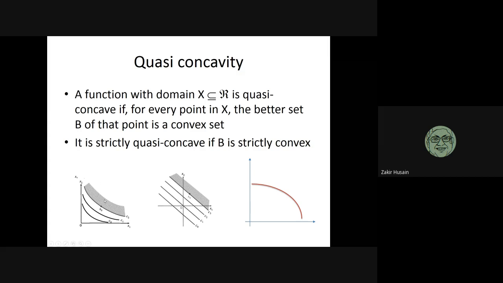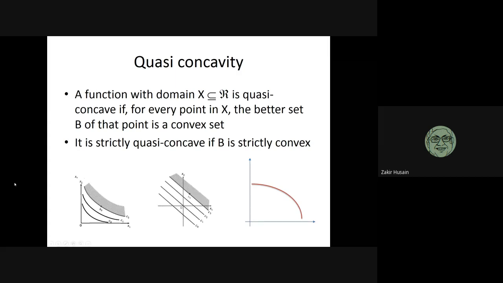We look at the better set. If the better set is a convex set, then we say that the function is quasi-concave. And if the better set is strictly convex, then we say that the function is strictly quasi-concave.